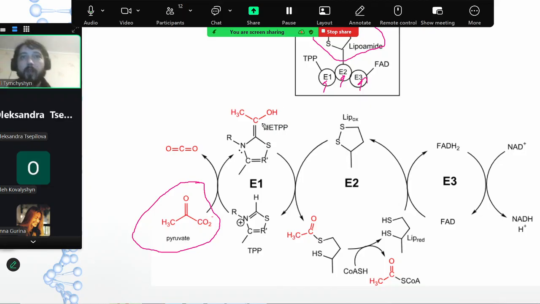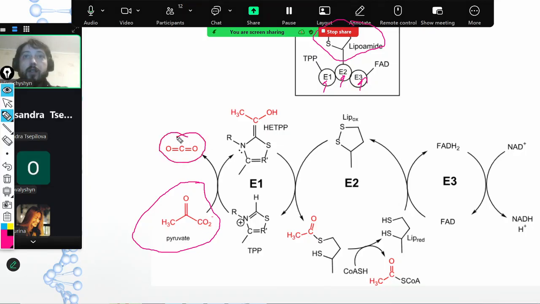Yes. So here is pyruvate. Here is the TPP. It's helping us to perform all these reactions. We are basically releasing CO2, and we get this sort of molecule. What is left from the pyruvate is now covalently bound to this complex.